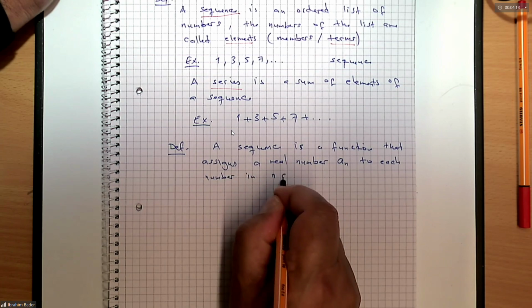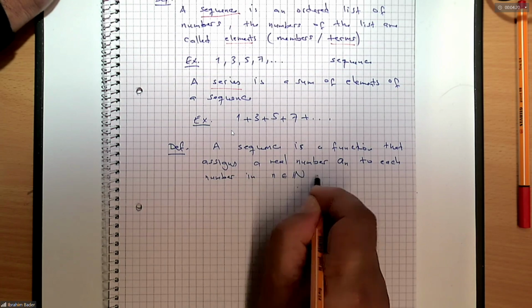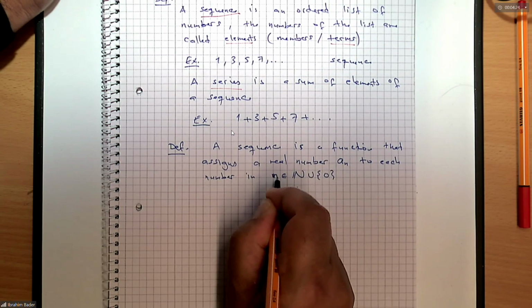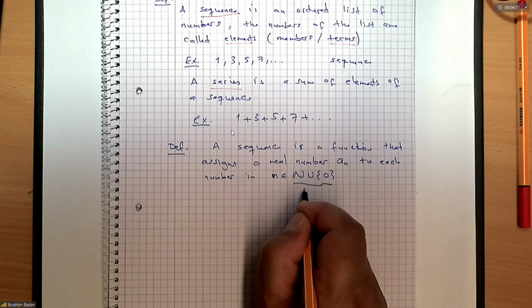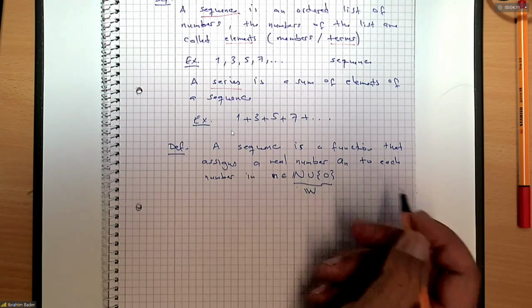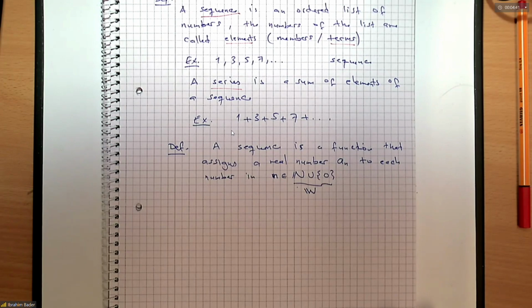You remember we defined the whole numbers? We said it's the set that contains the natural numbers together with 0. We defined it as W. Here I use N united with 0, which means a non-negative integer in general.